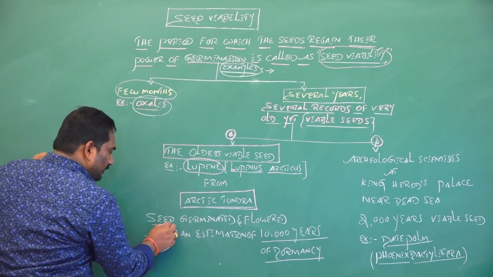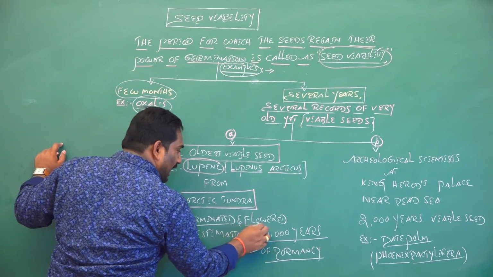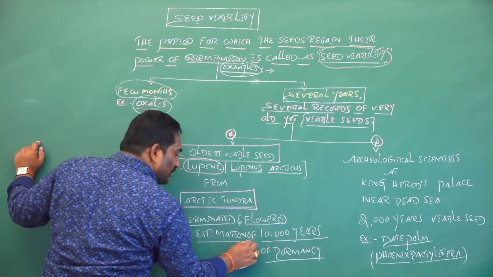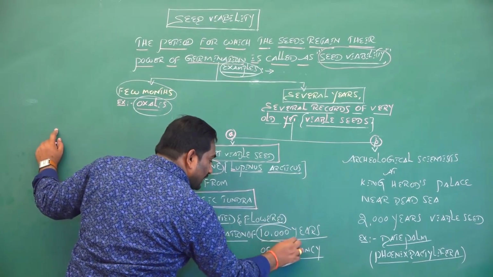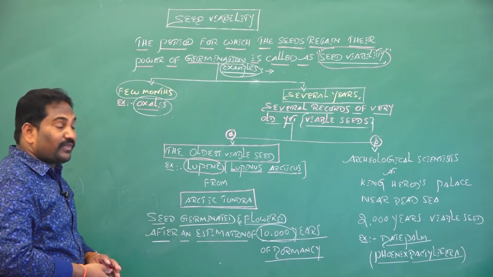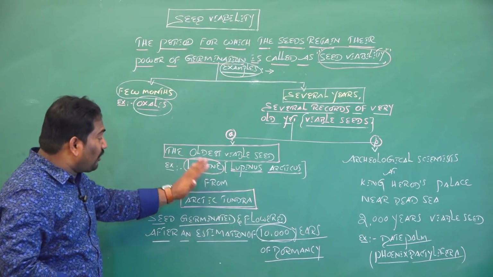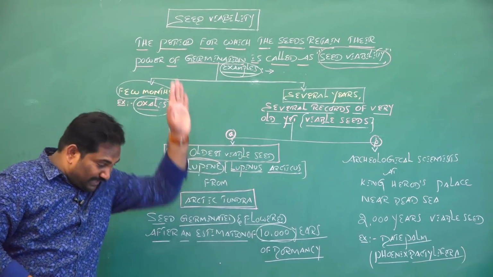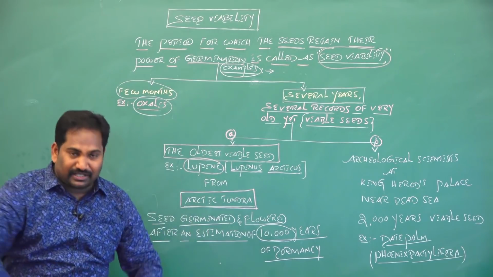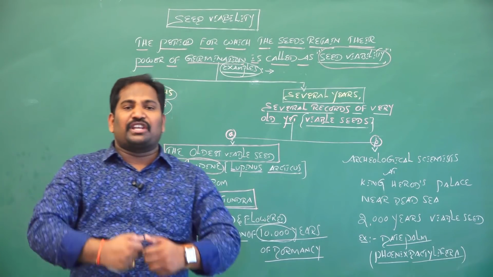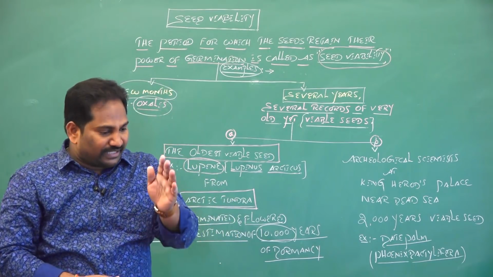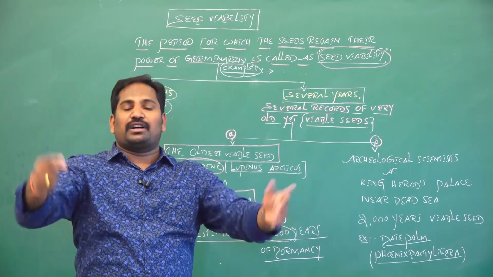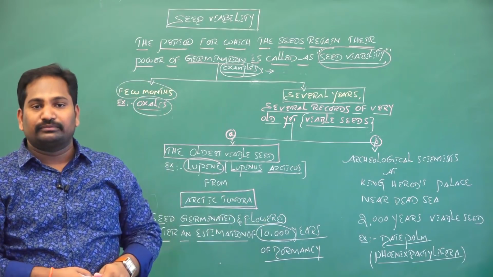This seed germinated and flowered after an estimated 10,000 years of dormancy. Up to 10,000 years, it retained its power of germination capacity, and after that it germinated, flowered and produced a new plant.